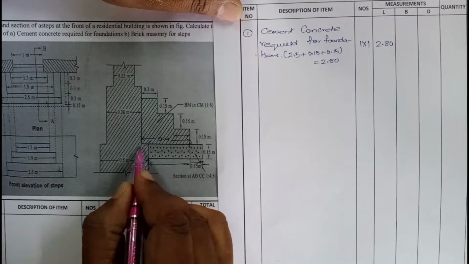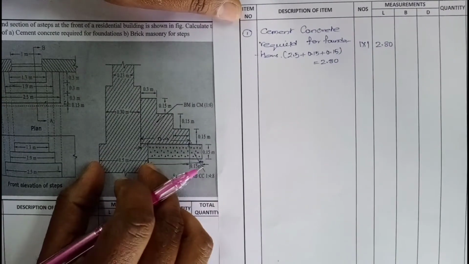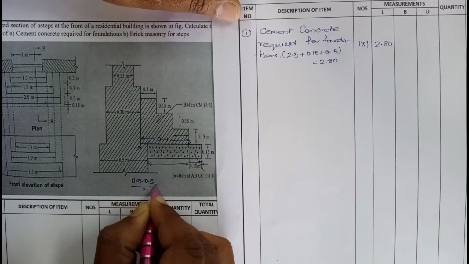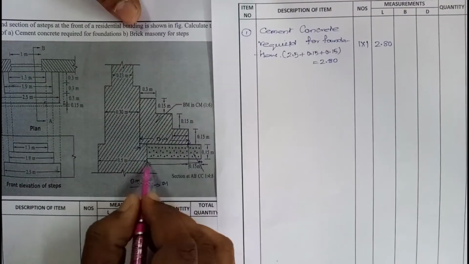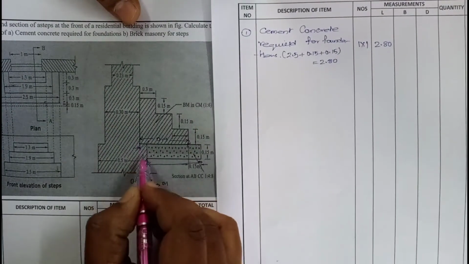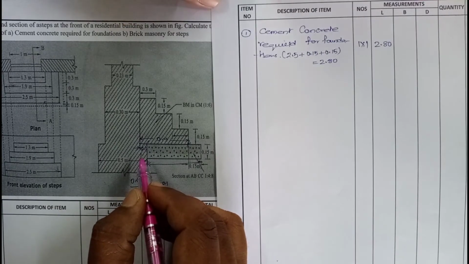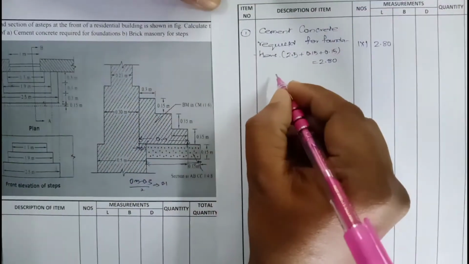For getting this, first you are supposed to calculate the offset. What is the offset here? 0.5 minus 0.3 by 2, so 0.1. Every side you will be getting an offset of 0.1.